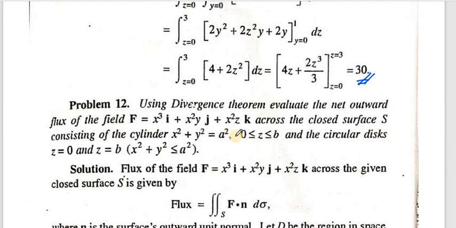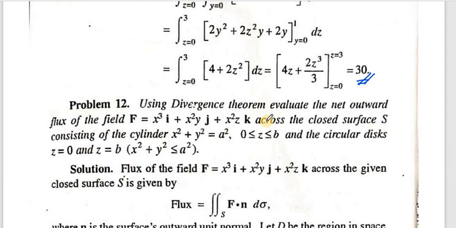Next problem is to find the net outward flux of a given field across a closed surface. Using the divergence theorem, evaluate the net outward flux of the field F = x³ i + x² y j + x² z k across the closed surface S consisting of the cylinder x² + y² = a², 0 ≤ z ≤ b, and the circular disks z = 0 and z = b, x² + y² ≤ a².